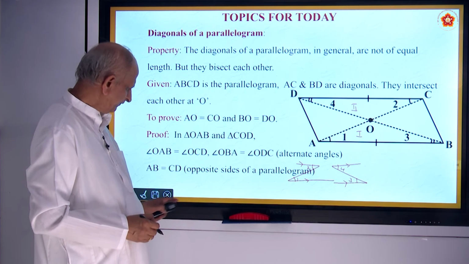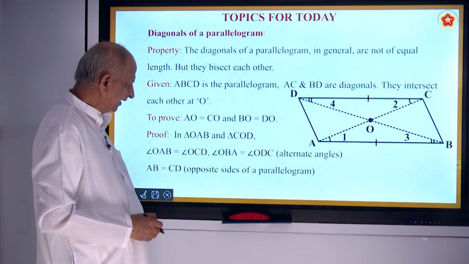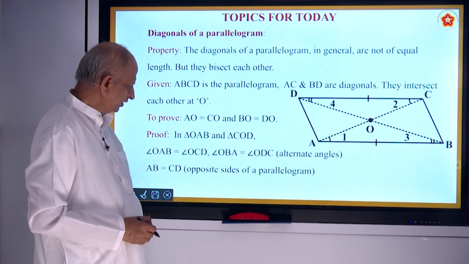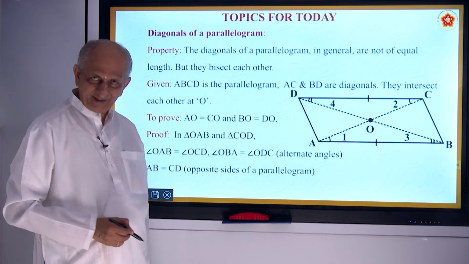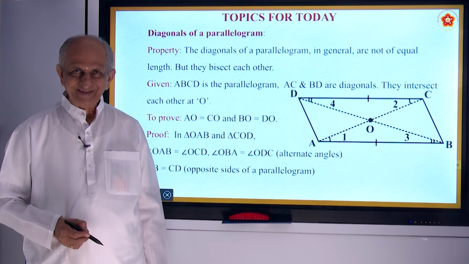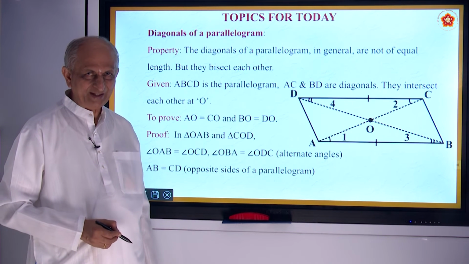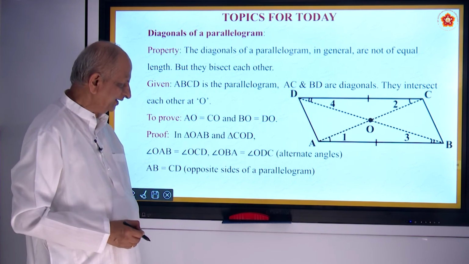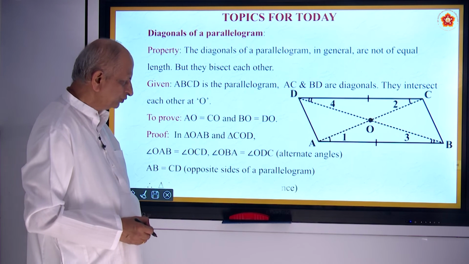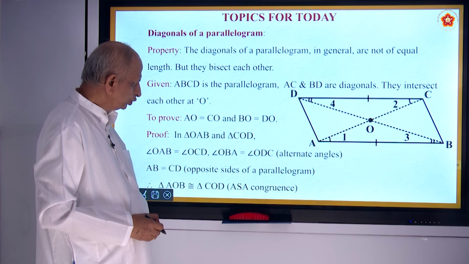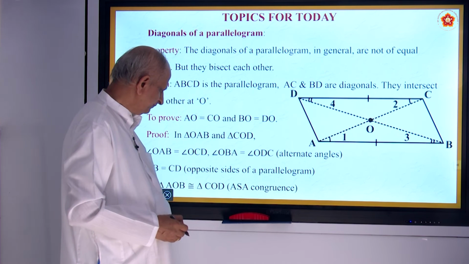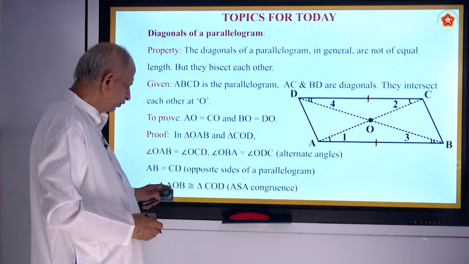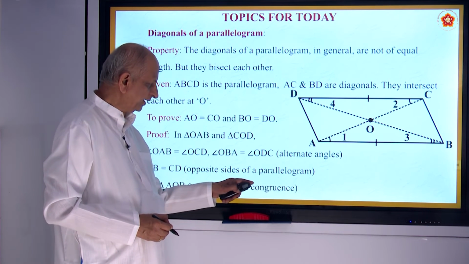They are opposite sides of a parallelogram. So now which property can we make use of? Yes, ASA: two angles and one side of one triangle, if they are equal to two angles and the corresponding side of the other, then we say the two triangles are congruent.